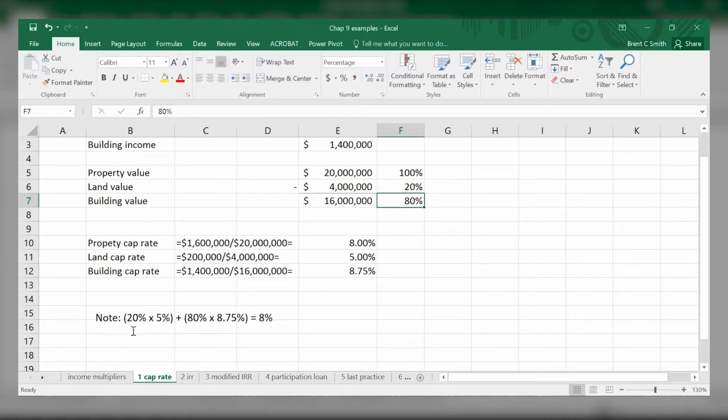The blended rate will incorporate that 20 and 80 and this 5% and 8.75%. So the building comprises 80% of the value, and the cap rate for the building is 8.75%. Likewise, 20% to the land and 5% for the cap rate. Add those two together and you get the cap rate for the entire property at 8%.